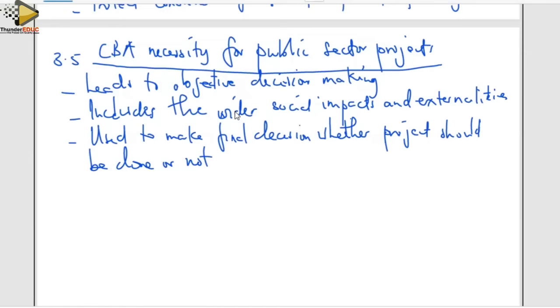And also in those projects where we expect benefits, we are most likely to experience market failure if we only consider the benefit without considering the externalities on the negative side or the social costs. So the CBA leads us to a decisive position where we are able to come out with a clear decision after weighing up the costs and the benefits of a particular project.